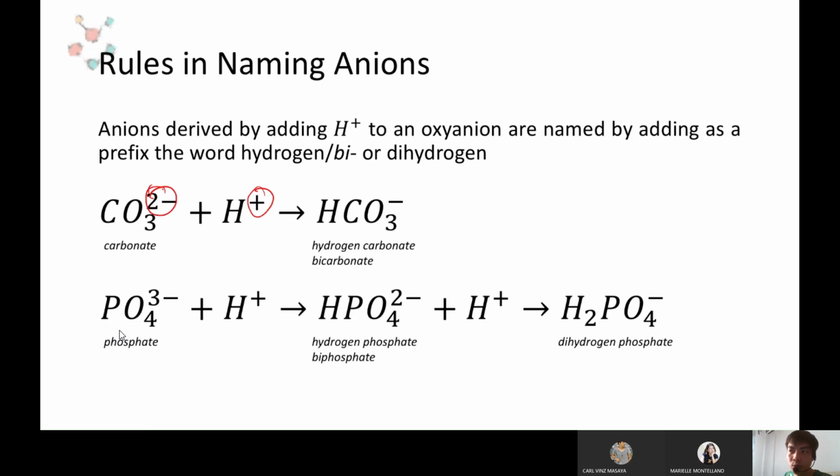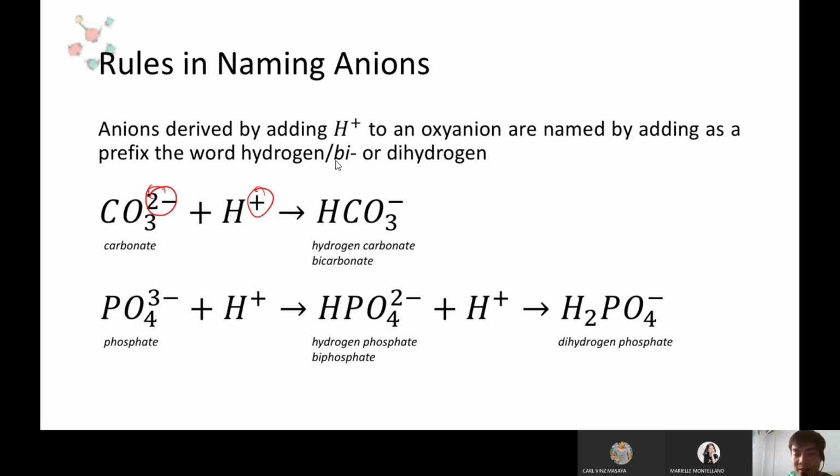Another example would be phosphate, PO4 3-. If we add one hydronium ion to it, the hydrogen joins the PO4. What happens to the charge? The negative 3 adds with 1, so negative 3 plus 1 is negative 2. So it's an anion, so it can still be named, since we are naming anions. When only one hydrogen was added, as we said earlier, we name it hydrogen plus the name of your oxyanion: hydrogen phosphate.